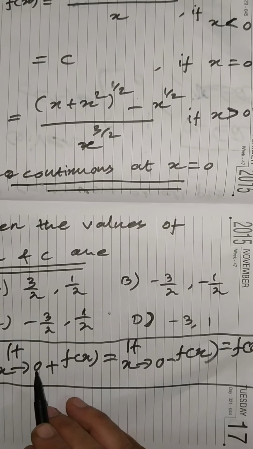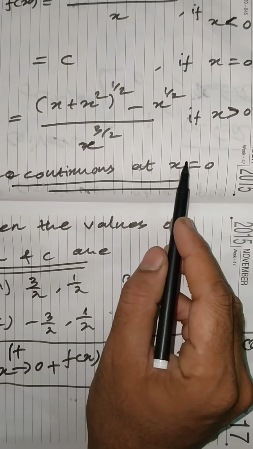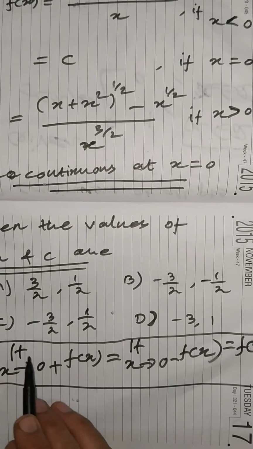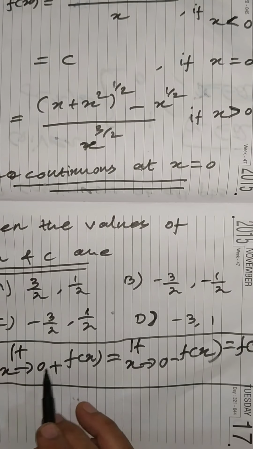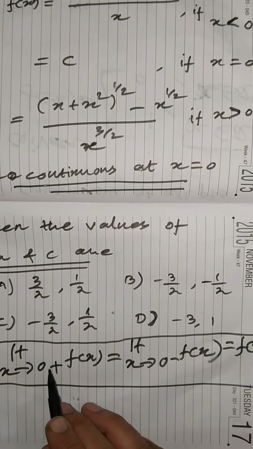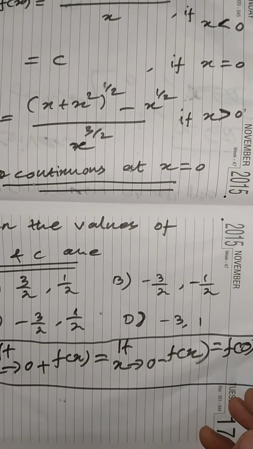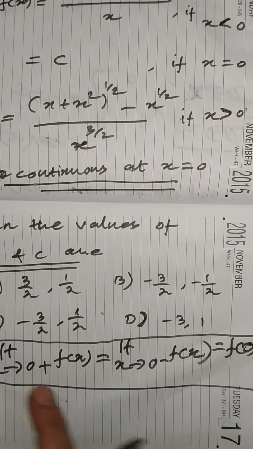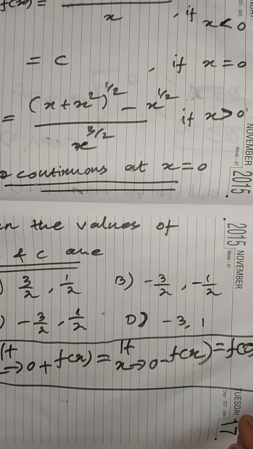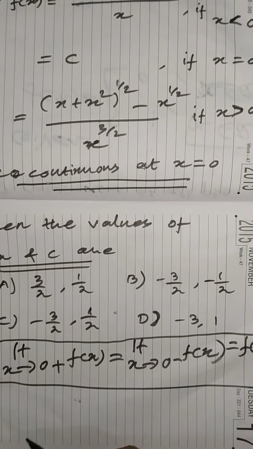Here, continuous at x equal to 0, so we use limit x tends to 0 plus, that is the right approach, and this is the left approach, and this is the function value f of 0. So we are going to find out these 3, one by one.